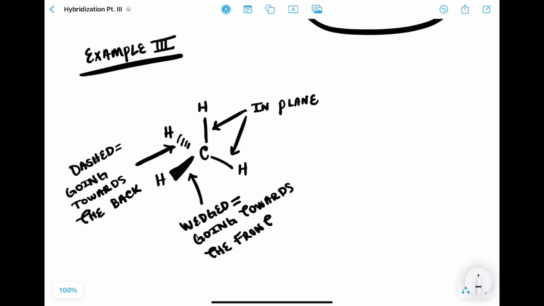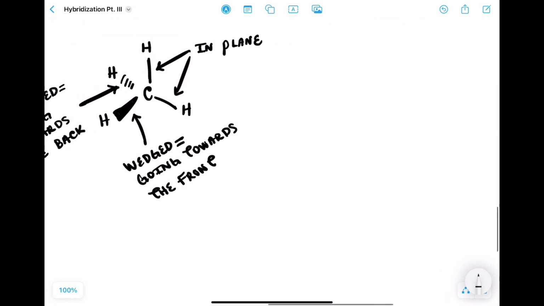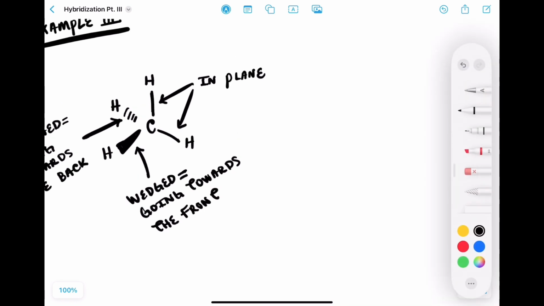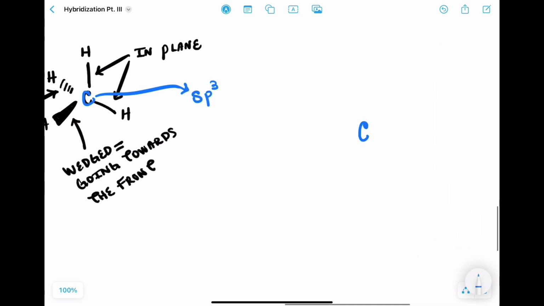So imagine again, it's coming out at you. And so this is the molecule CH4. And so now we want to draw it with its hybrid orbitals. We said that anytime something has 4 single bonds around it, it's going to have sp3 hybridization. So let's start drawing carbon.